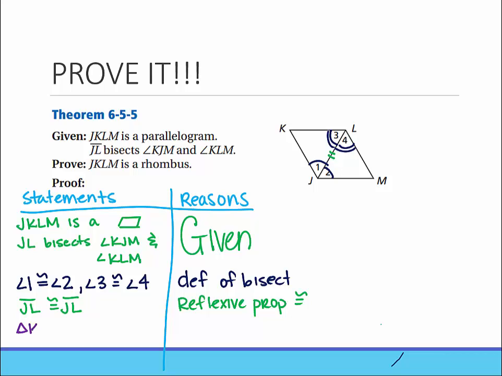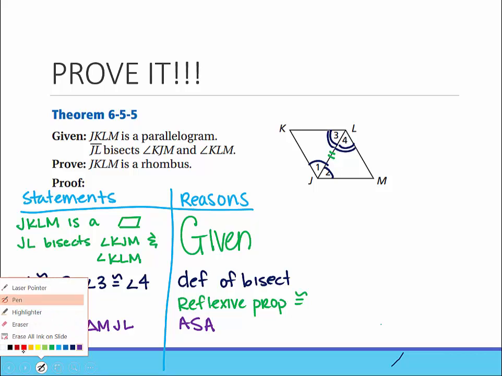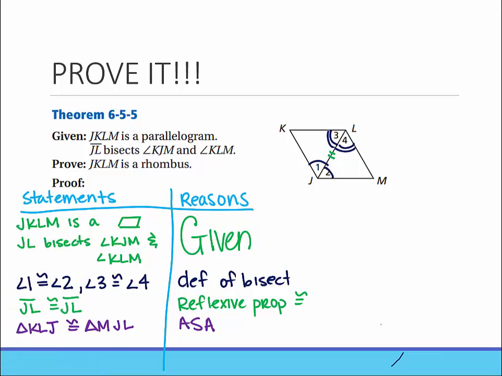I know triangle KLJ has to be congruent to triangle MJL because of angle side angle. Now, once I've proven these two triangles congruent, I can use CPCTC to prove that anything is congruent. So let's prove that JK is congruent to JM.